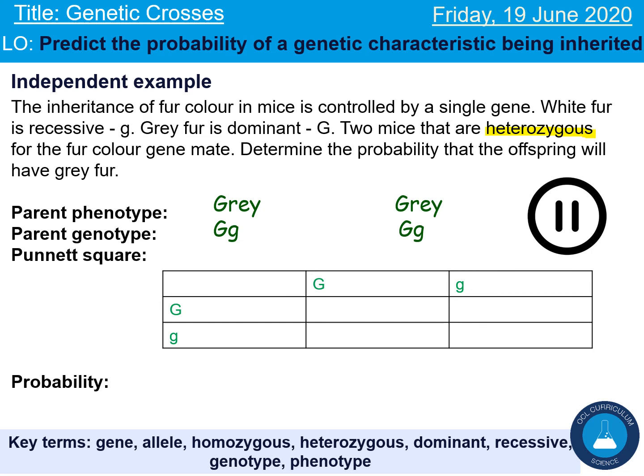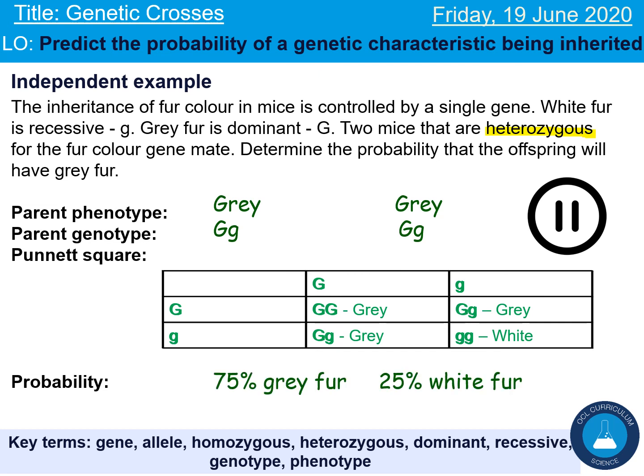You would have then carried out your cross, and for each of the possible offspring, you identify what their phenotype would be. Remembering that these are just probabilities, it's not necessarily that there would be 4 offspring, these are the probabilities overall in all offspring, and we end up with 75% of our offspring. The probabilities are that 75% will be grey and 25% will be white. The ratio will be 3 to 1 no matter how many offspring we have.